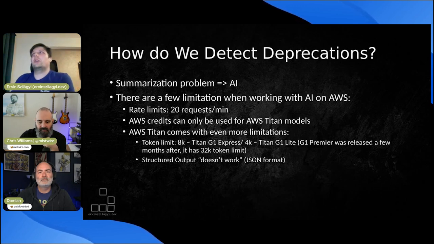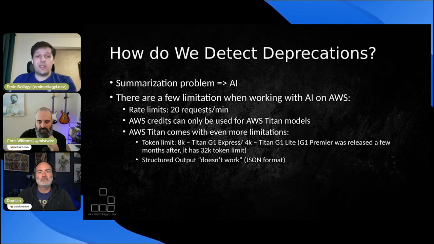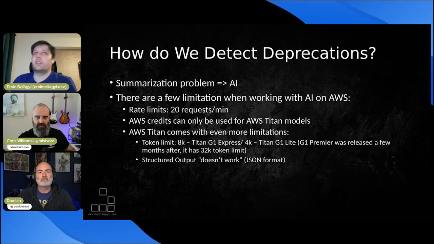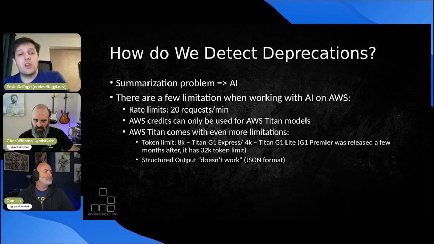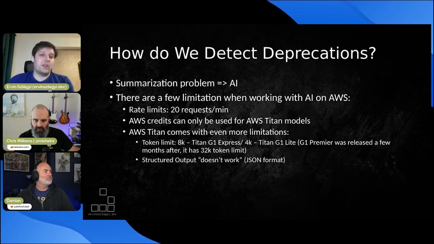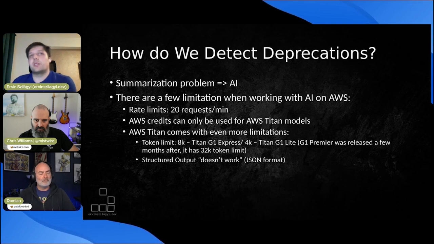And besides this, there was another issue which I faced. Whenever you want to detect a deprecation, you want to do essentially two things. First of all, you want to know if the blog post is about deprecation or not, so it's a true, false, yes, no answer. And also you would want to know what was deprecated.